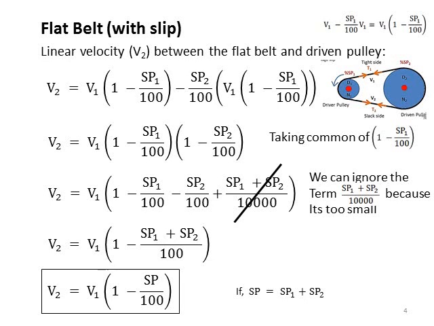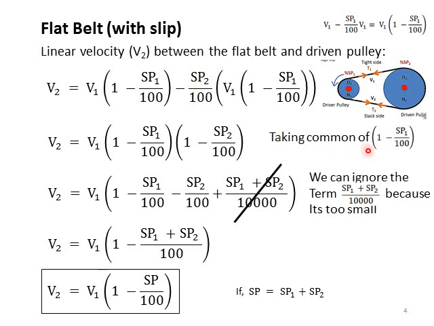If we simplify this, taking V1 common, since the inside terms are both the same, we take V1 into 1 minus SP1 by 100 outside, and inside it will be left 1 minus SP2 by 100. So this is simple mathematics, nothing more.